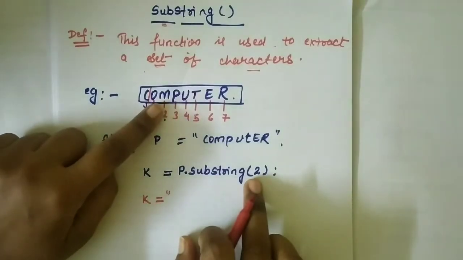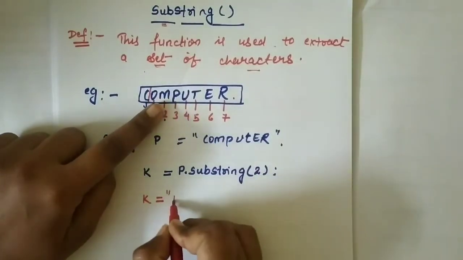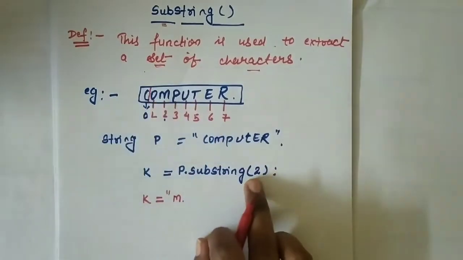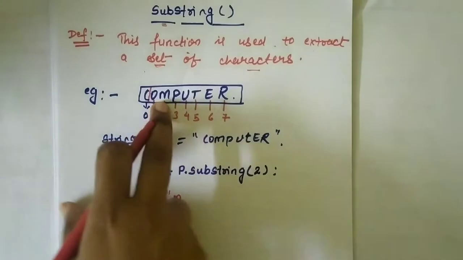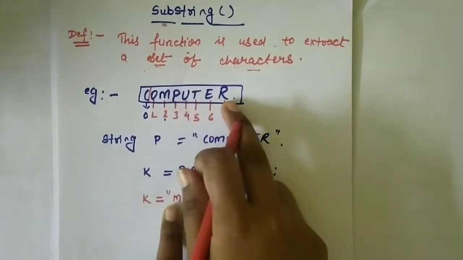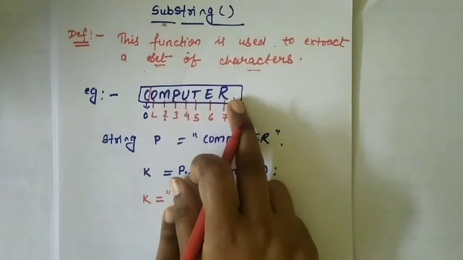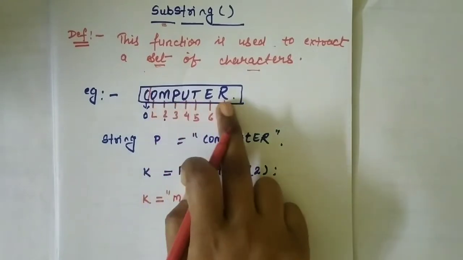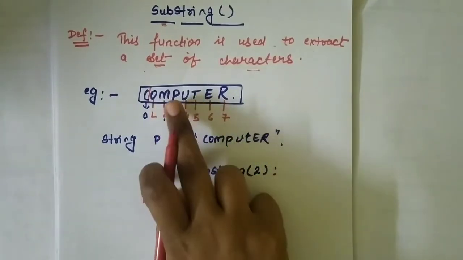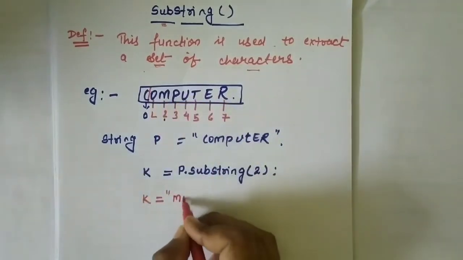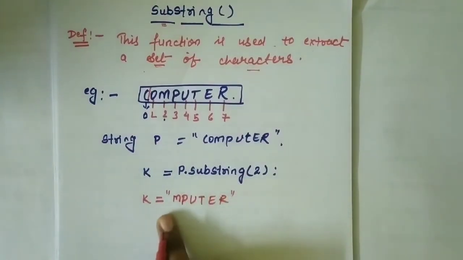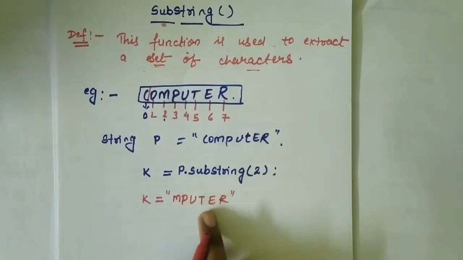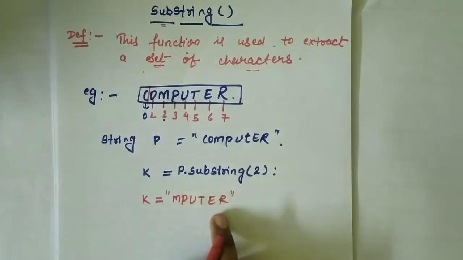That means starting from M, go to the end of that string, so starting from M and ending with R. So M, then P, then U, T, E, R. So the k variable stores MPUTER.